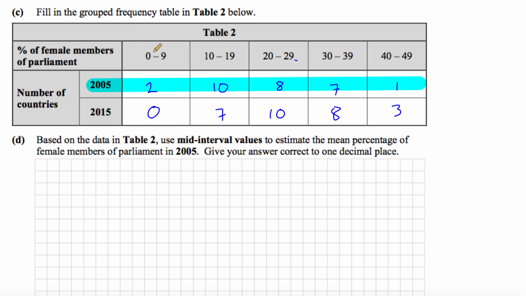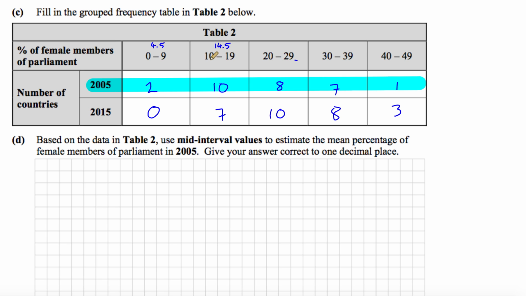So if the interval is 0 to 9, well then the mid-interval value for that would be 4.5. Mid-interval value between 10 and 19, so that's halfway between 10 and 19, so that would be 14.5.